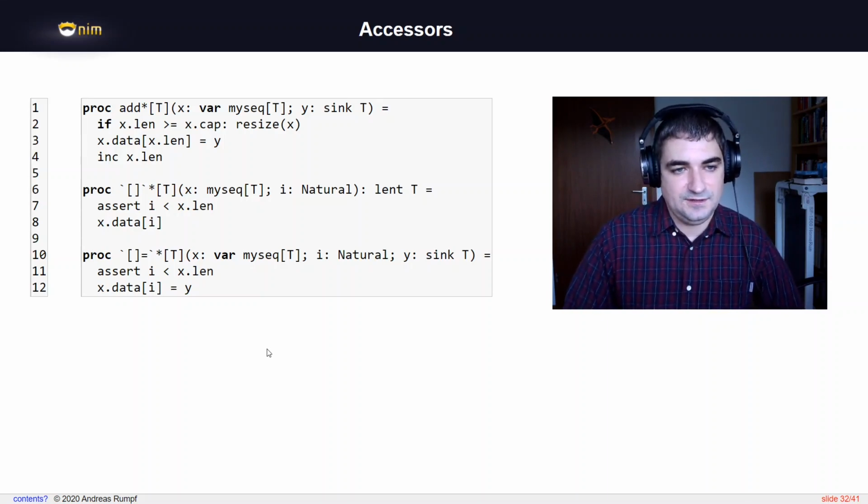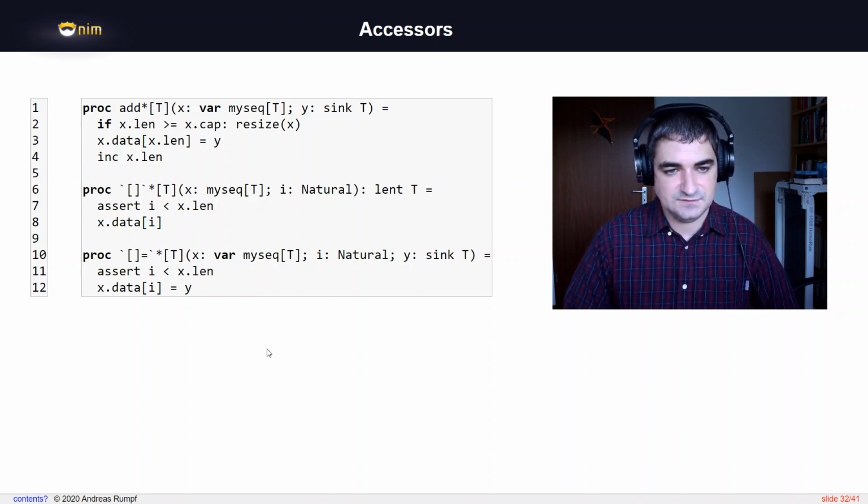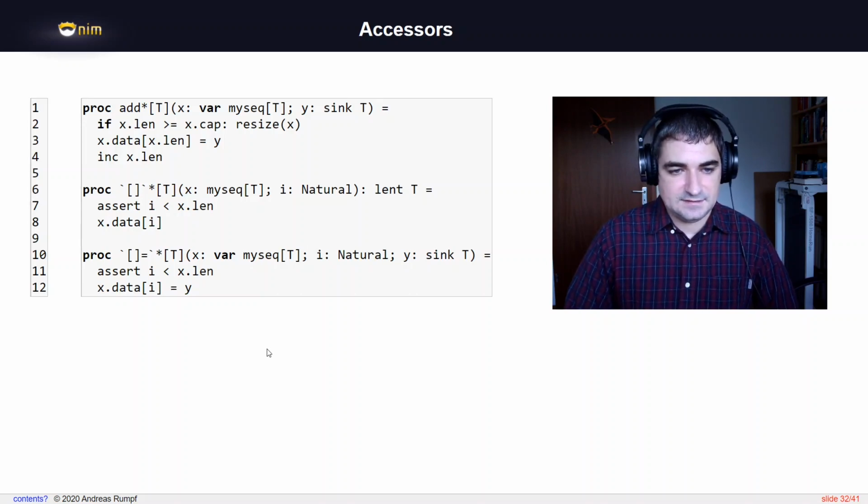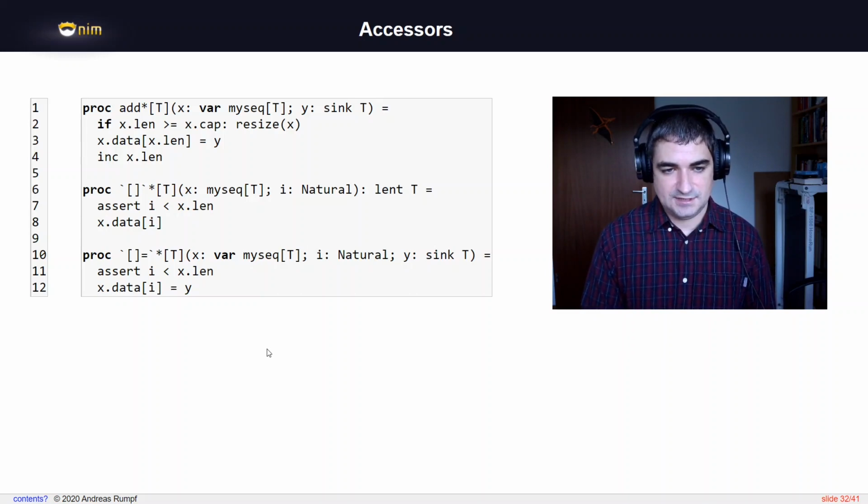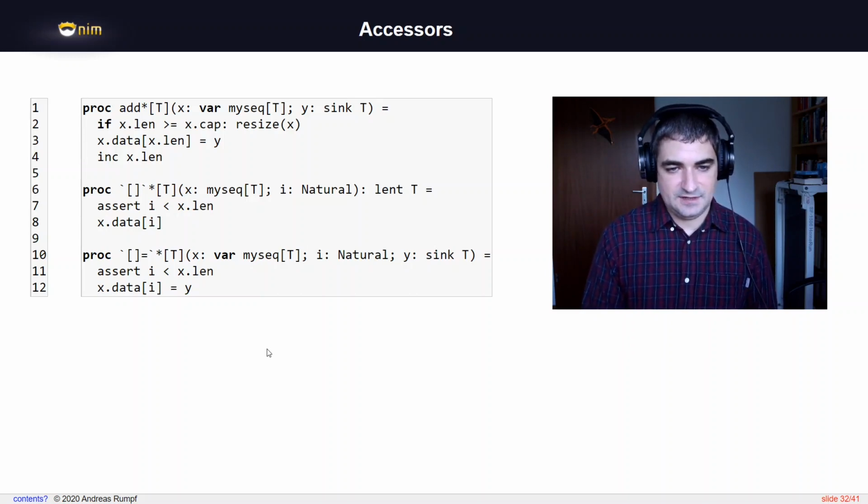So in line 3 this is a move. And in line 8, there is this accessor lending this value to us, so there is no copy here either. And line 10 is again comparable to the add, like this is setting a value at position i, and i must be a natural number, it cannot be negative. And so in line 12 we get the move as well.